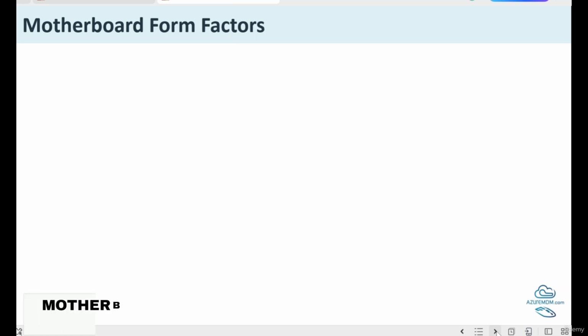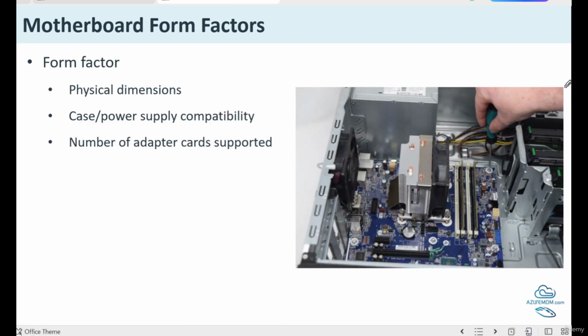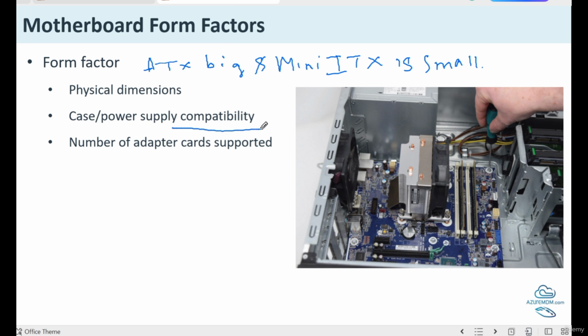We'll learn about the motherboard form factors. The physical factors, the size of the motherboard, for example ATX is the bigger one and mini ITX is the smaller one. Case and power supply compatibility.